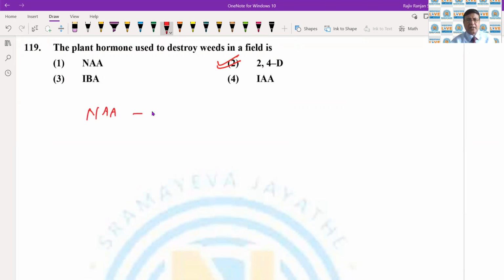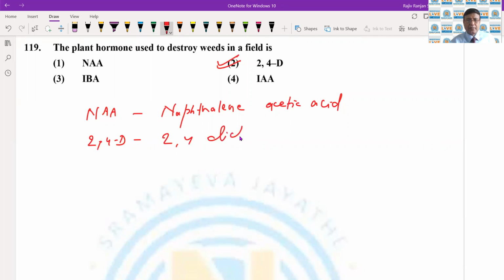NAA stands for naphthalene acetic acid. 2,4-D stands for 2,4-dichlorophenoxyacetic acid.